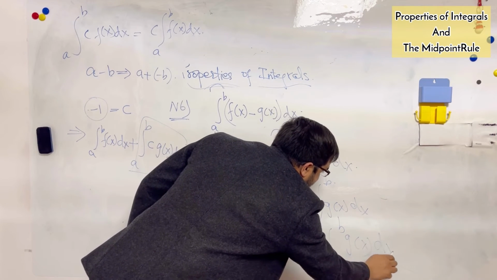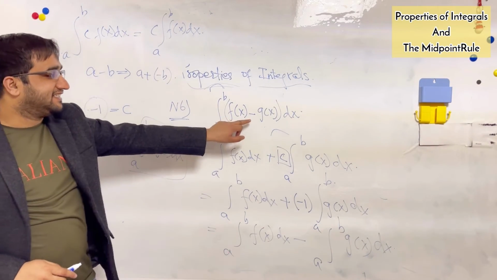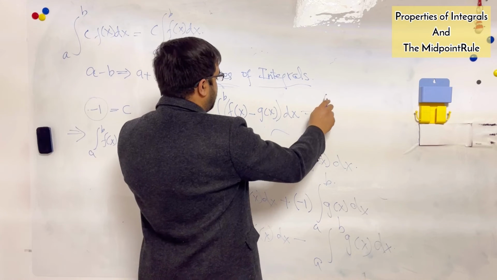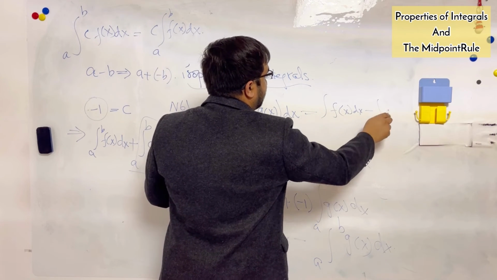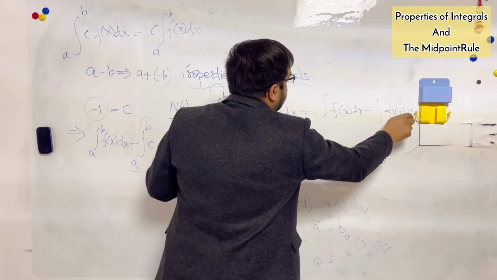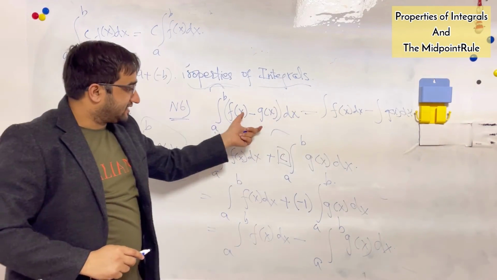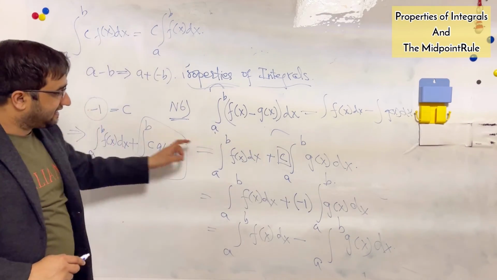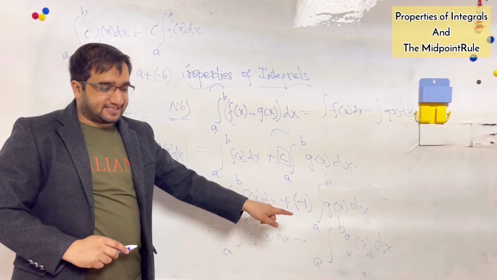So this is the logical way to write this, equals integral f of x dx minus integral g of x dx. You cannot directly write this into this, but actually you will follow that procedure, then you can write it by giving the logic.